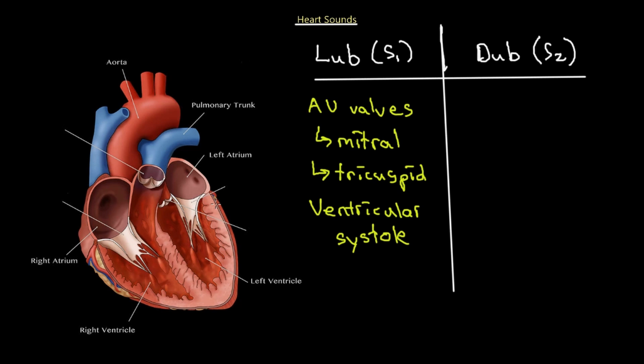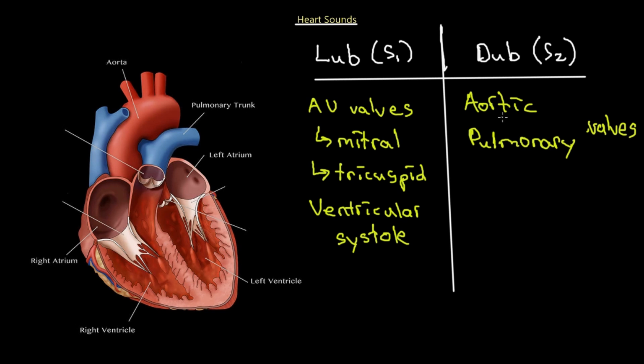Now dub is the second sound, and that's the closing of the aortic and the pulmonary or the pulmonic valves. So we've got aortic and pulmonary valves.